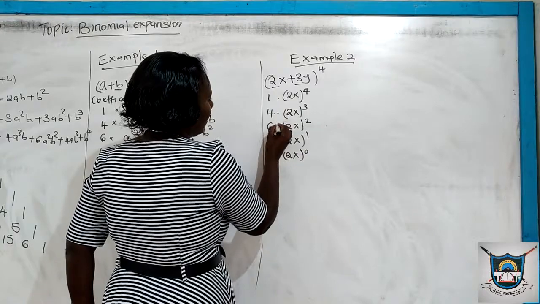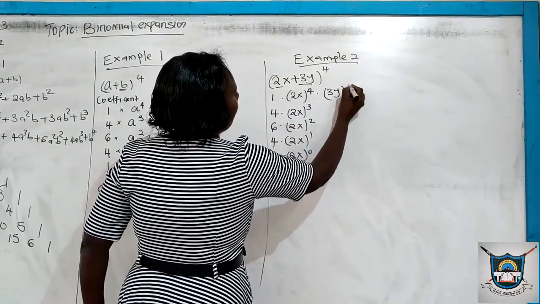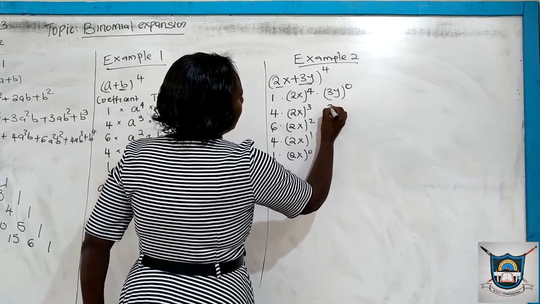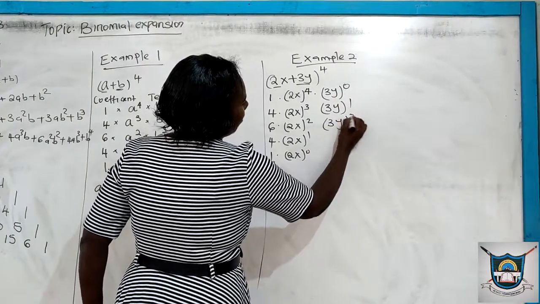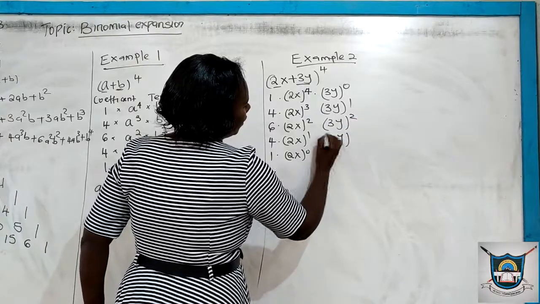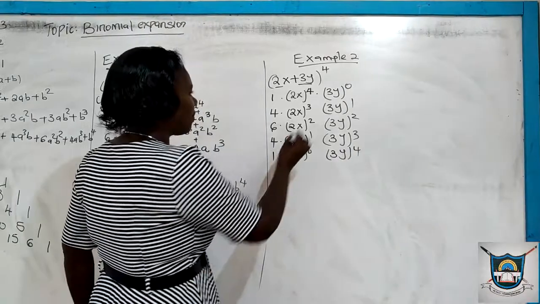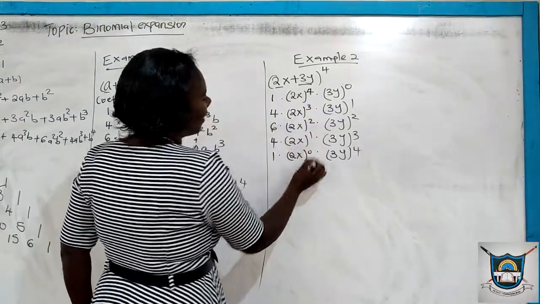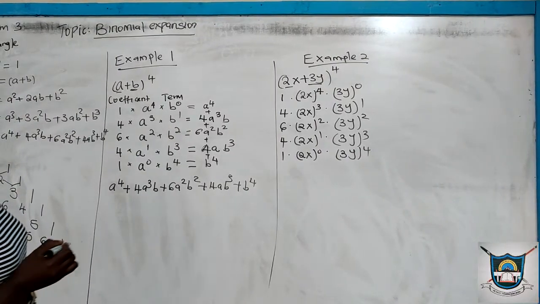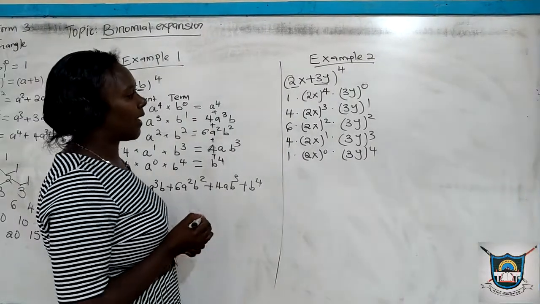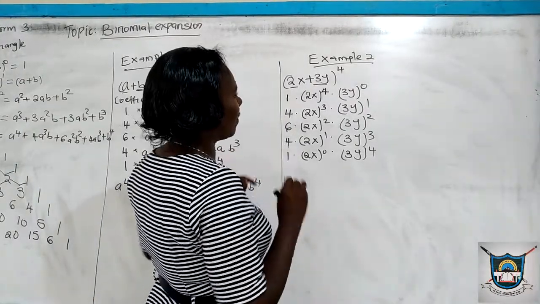So we multiply with this, (3y) power 0, (3y) power 1, (3y) power 2, (3y) cubed, (3y) power 4. It's very, very important you put the bracket, because the bracket means you are multiplying everything that is inside the bracket with the power.